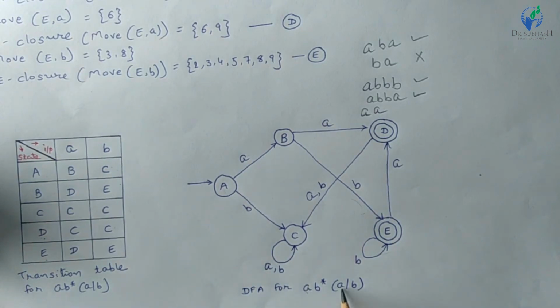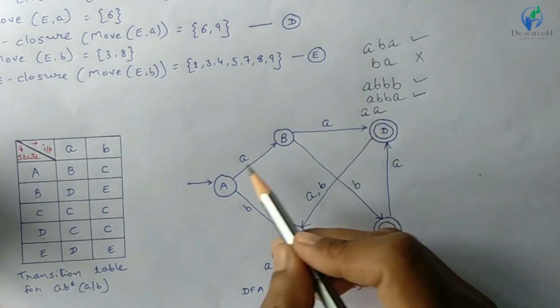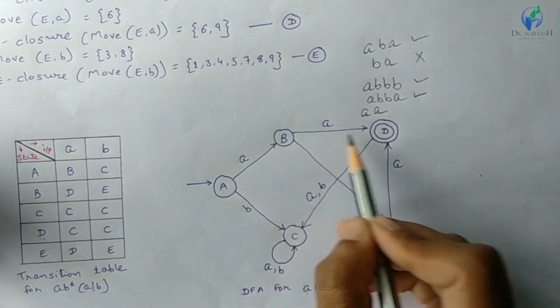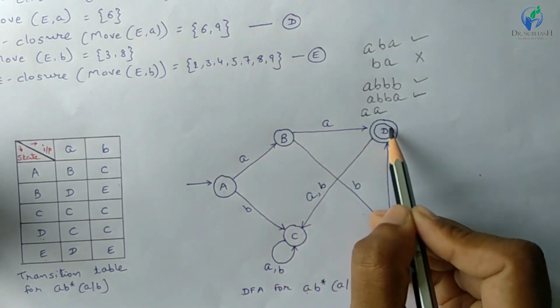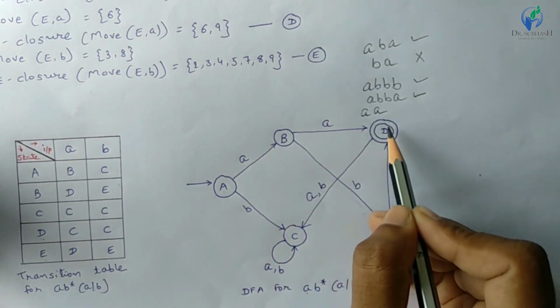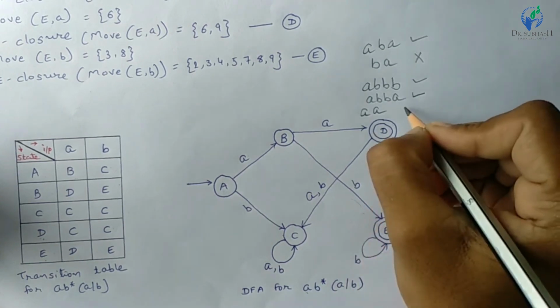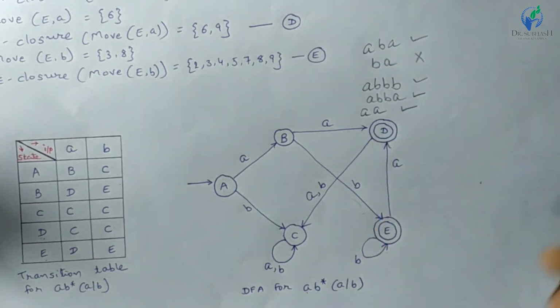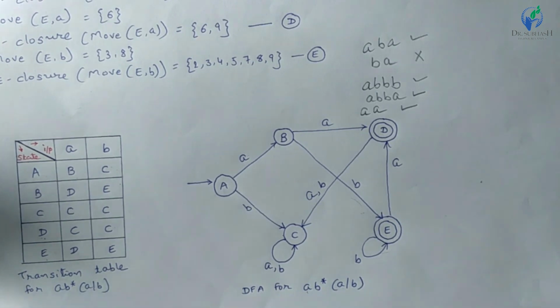Yes, it's valid because there are 0 occurrences of B star. Then it starts with A and ends with A. So it's a valid string which is accepted by the finite automata. So in this example, we see how to convert an NFA into a DFA.